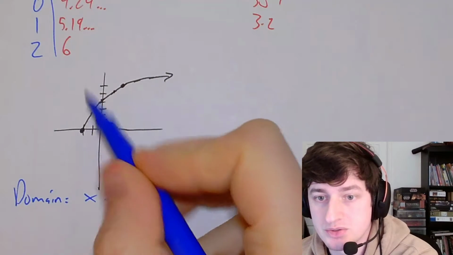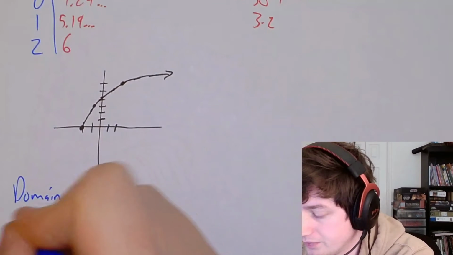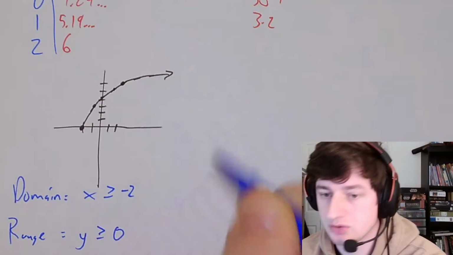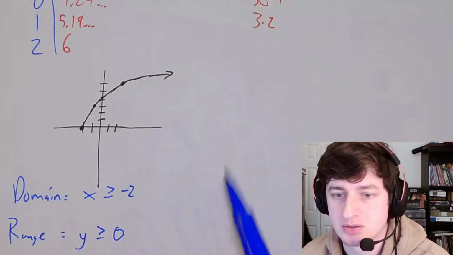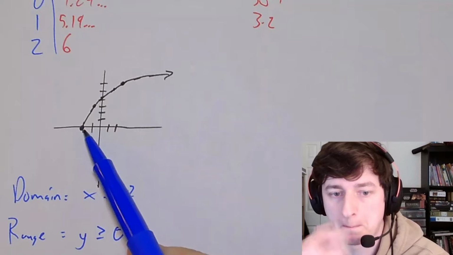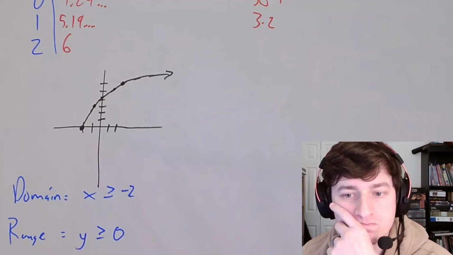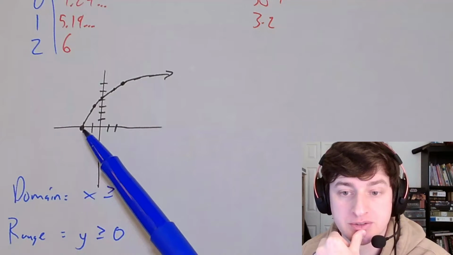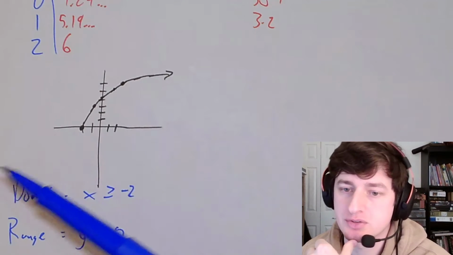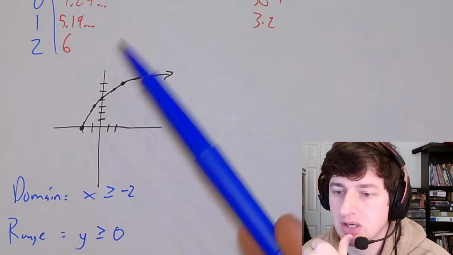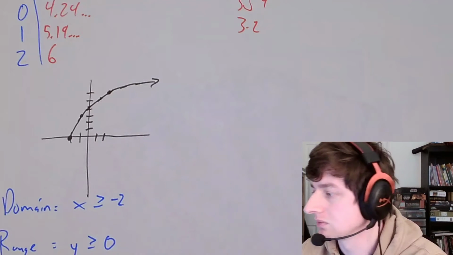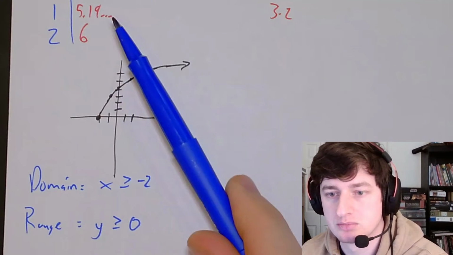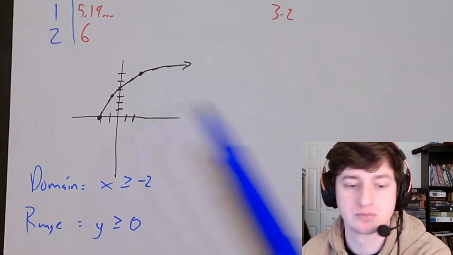And the y values are 0 and up, the range. Y is greater than or equal to 0. You'll notice these two numbers match this coordinate point. Right? Because this is the coordinate point where we're starting at. So it's going to be to the right of here or to the left if the graph was flipped over. And it's going to be up or down if the graph was flipped over. And then we're done. So we graphed it, we made our table, and then we have the domain and range.